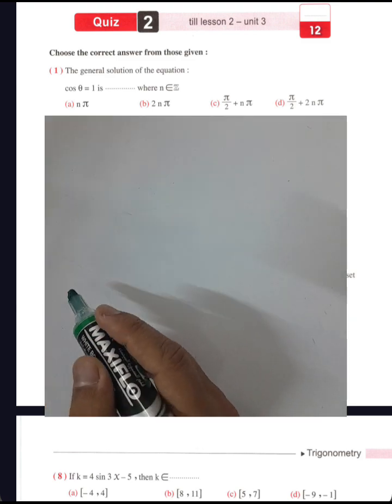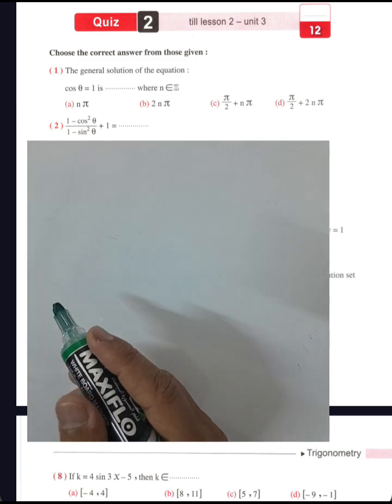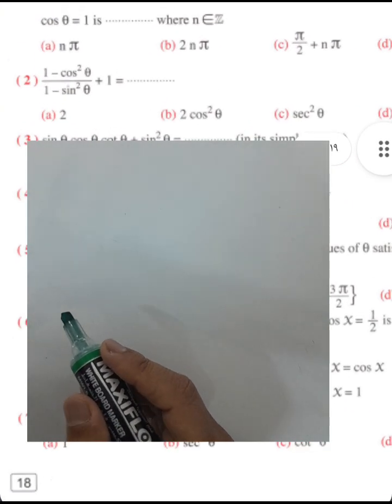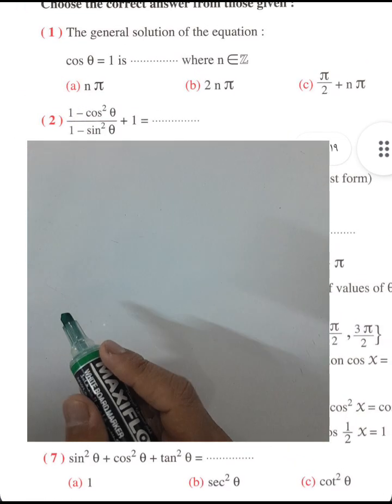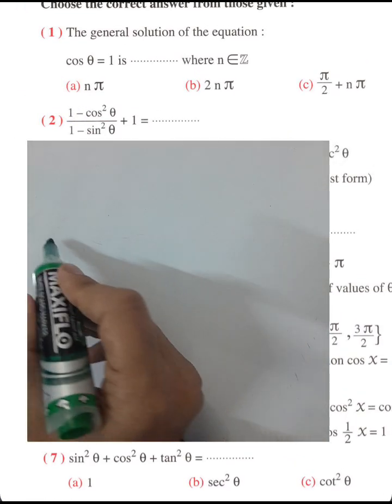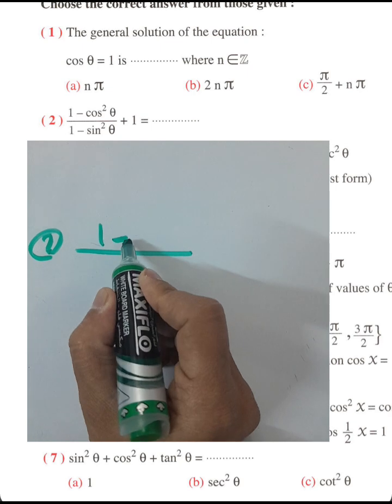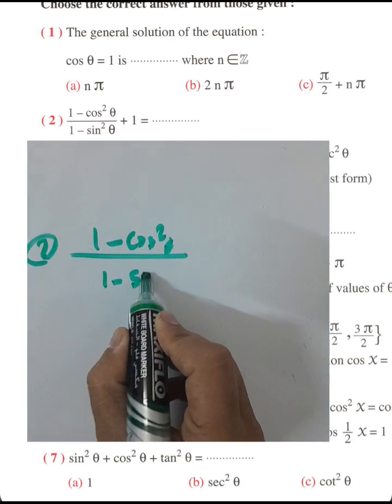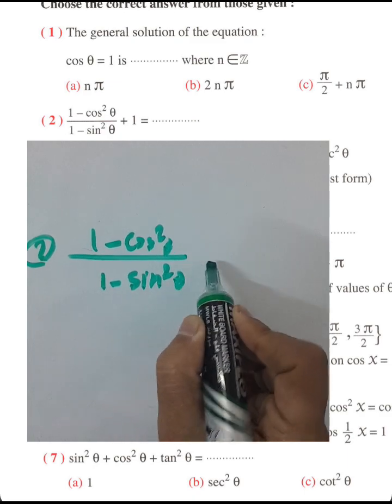Question number 2. We want to simplify this expression: (1 minus cosine squared theta) over (1 minus sine squared theta) plus 1.